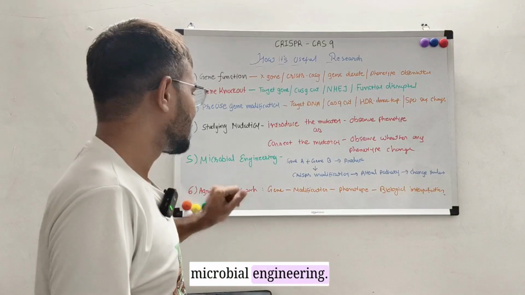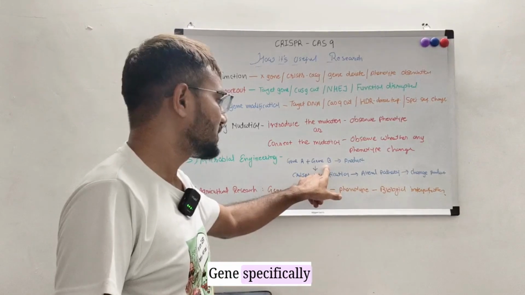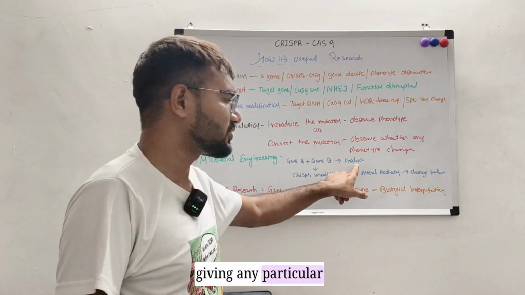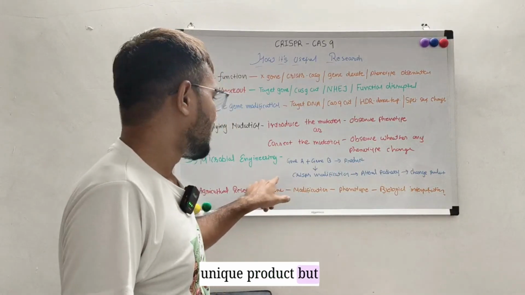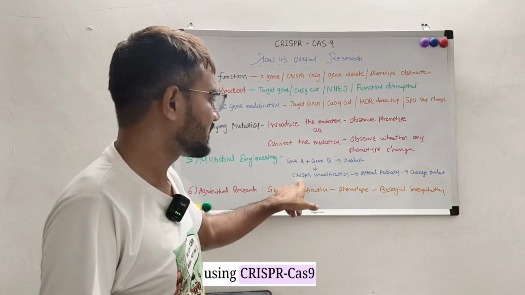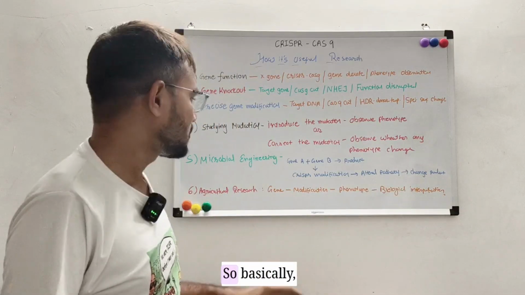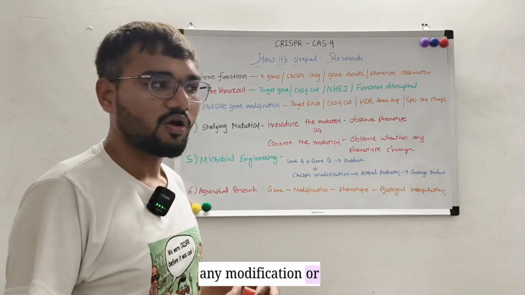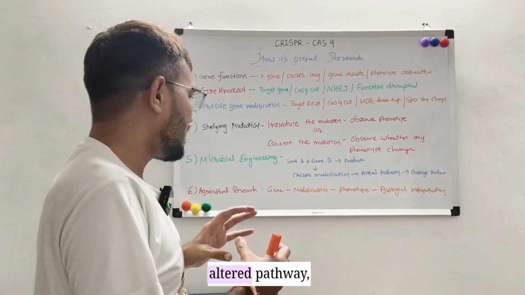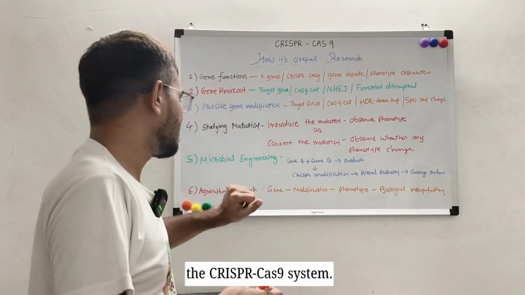Fifth, microbial engineering. Assume that gene A and gene B give a particular unique product, but via modification using the CRISPR-Cas9 system, we alter the pathway and the product is changed. So basically any alteration in a pathway requires the CRISPR-Cas9 system.